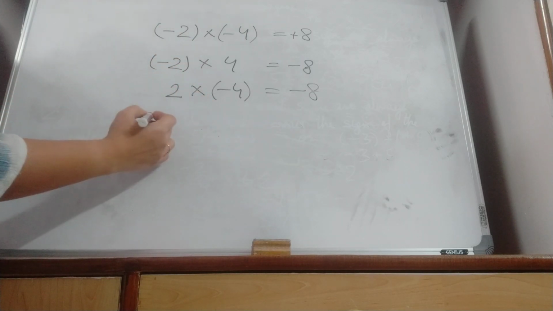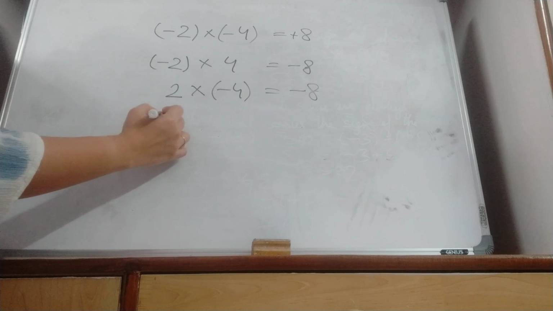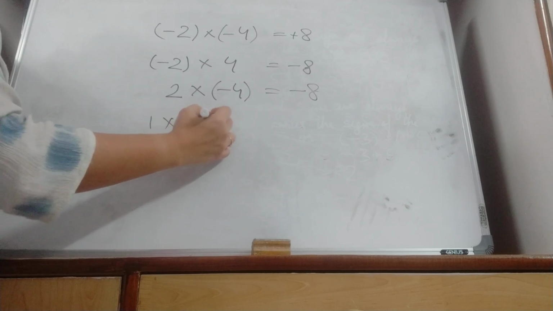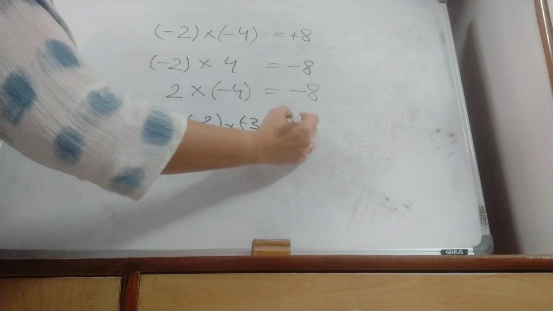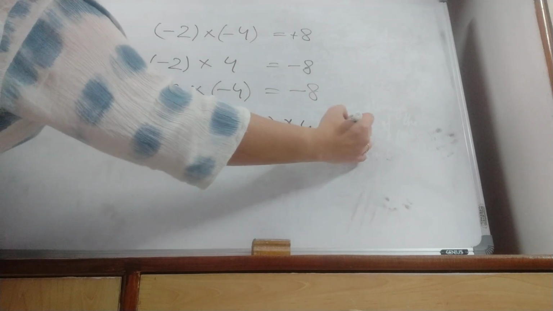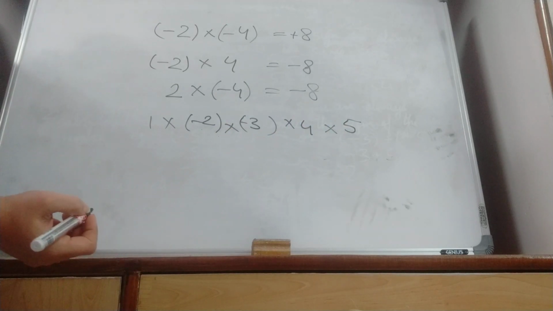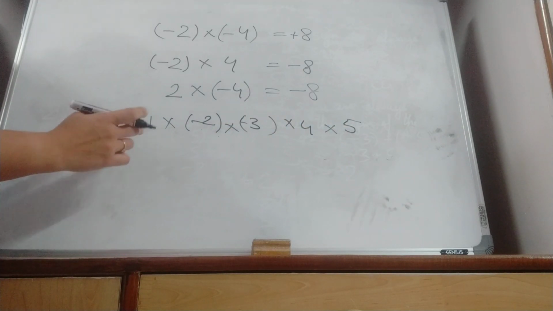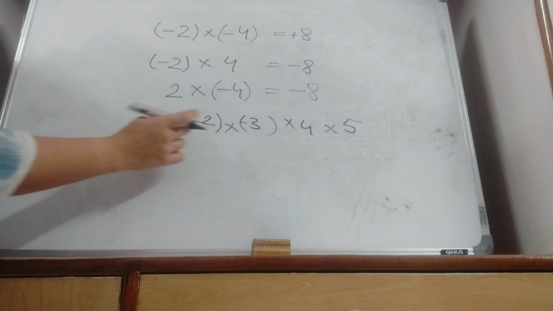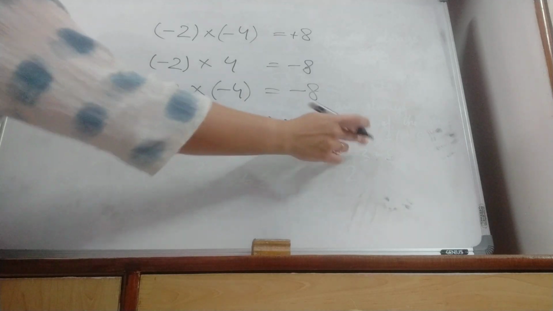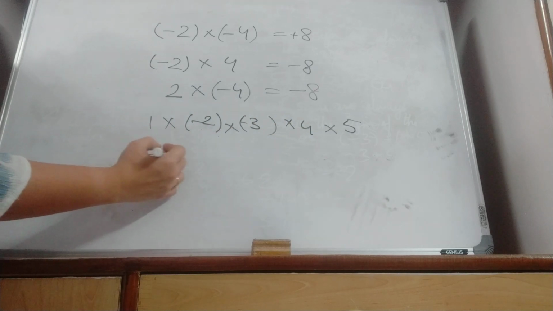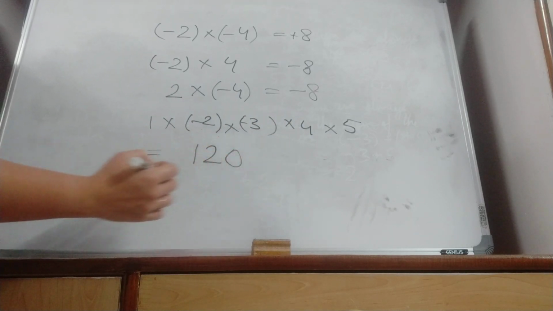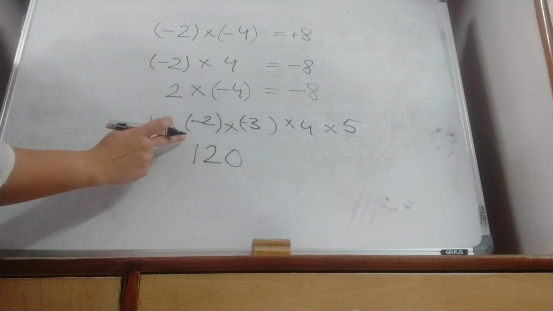Supposing you have 5 numbers, let's say, okay, I'll take simple numbers. 1 into -2 into 3. Supposing this is what I have to multiply. 1 into 2 into 3, 1 into -2 into -3 into 4 into 5. So this becomes 120. Why 120? Because there were 2 negative signs.